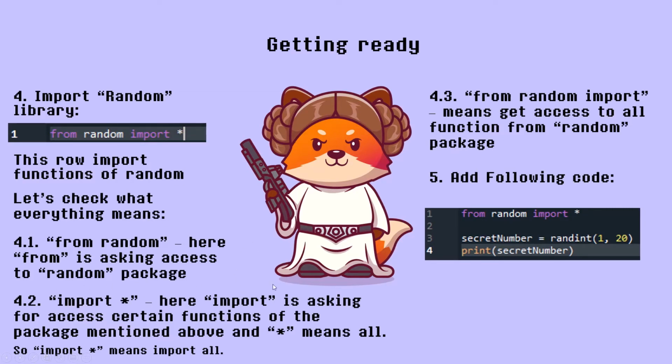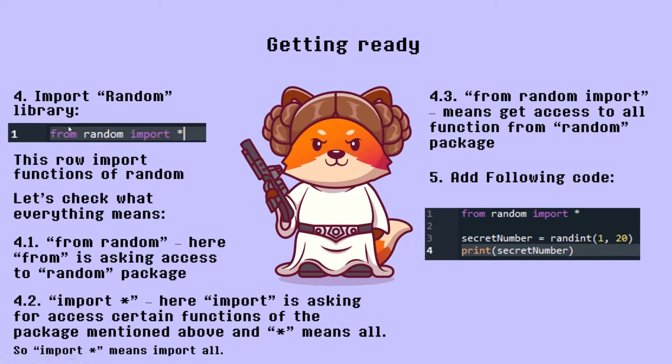This symbol, the asterisk, or multiply, or star symbol, right? It means all. So from random import means get access from the random package to all functions of this package.